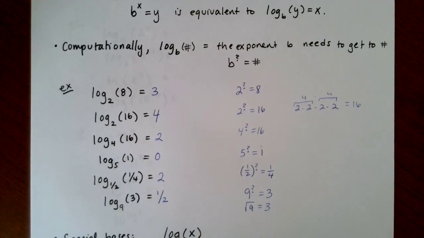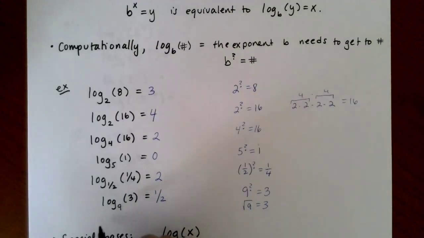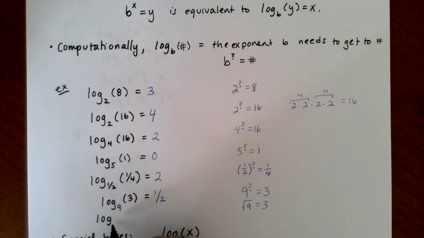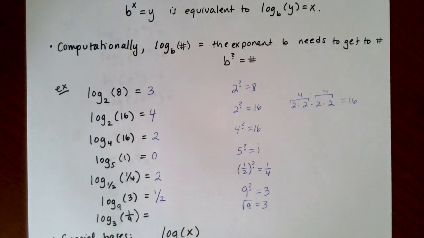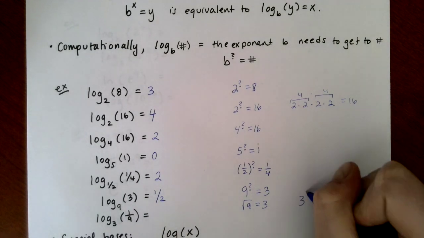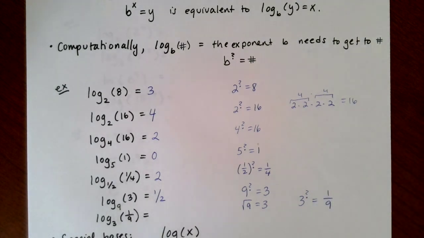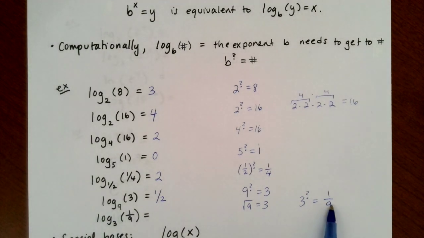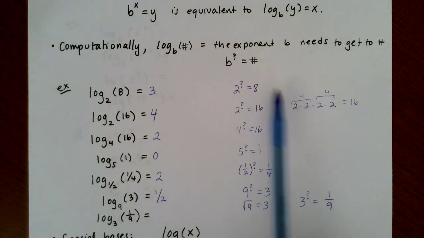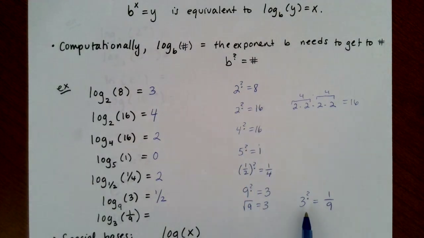I'm going to include one more example here before I talk about those special bases down below. Why don't we do log base 3 of 1/9, just so that we can see another example of a strange output here. So this one is saying, what power does 3 need to be 1/9? And again, it's like the last one where how to get from here to here with an exponent is not quite as intuitive as some of these earlier ones.